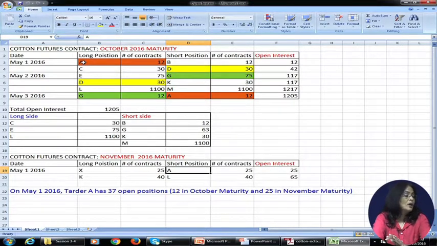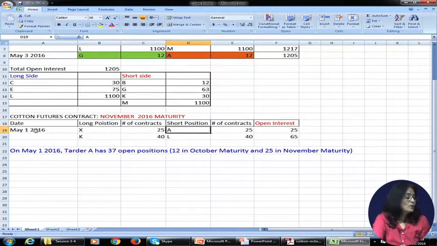It could be the same trader. So A had taken one long futures position for October maturity, 12 contracts, and on the same day A also took 25 short futures contracts for November 2016 maturity.